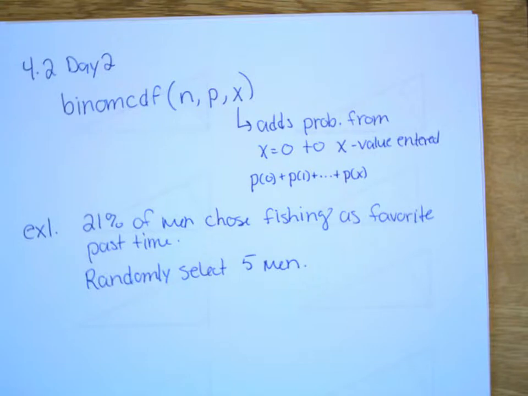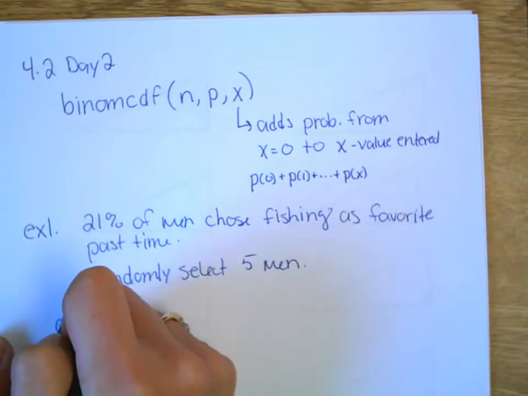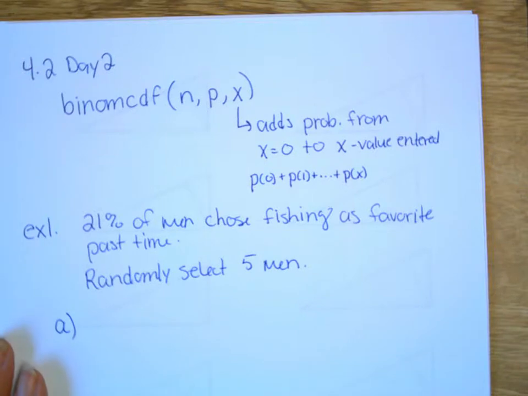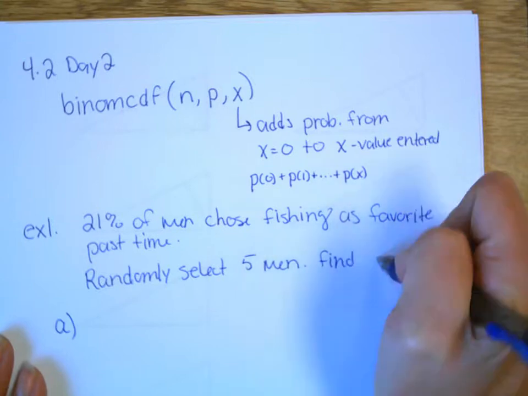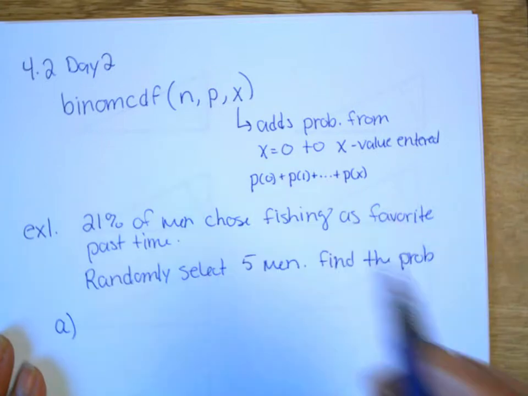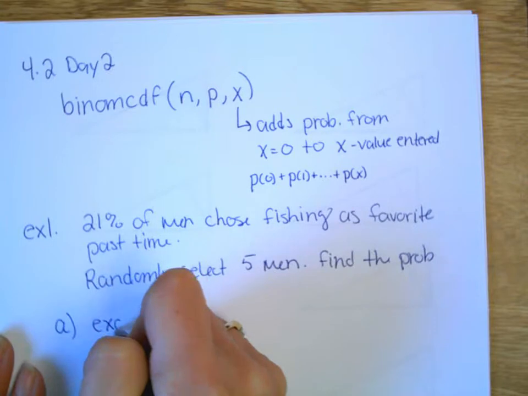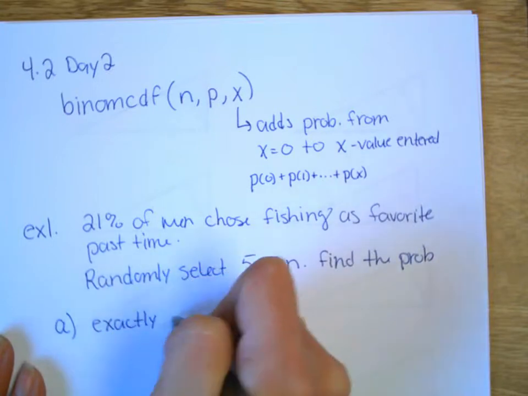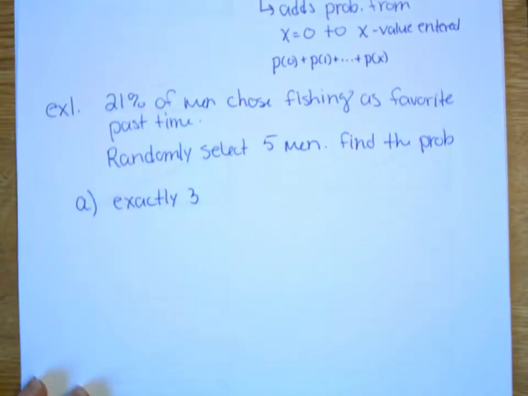And we're going to call a success the ones that choose fishing. So our first probability question, this is kind of a review from yesterday. Can you find the probability of exactly 3 of the 5 men choosing fishing as their activity?